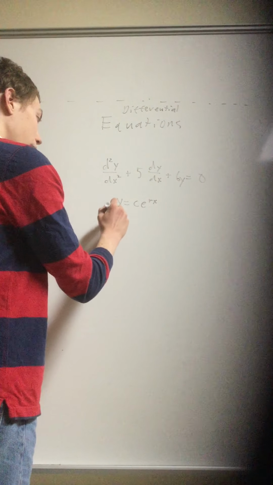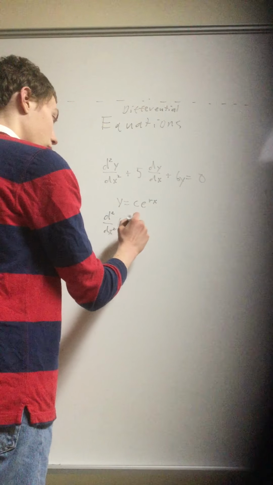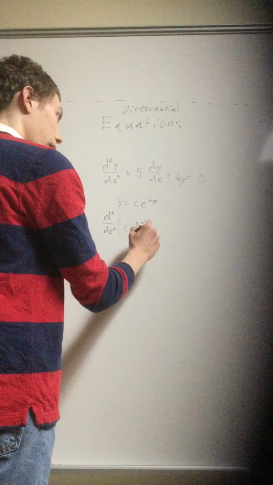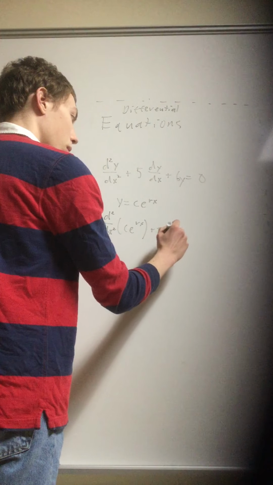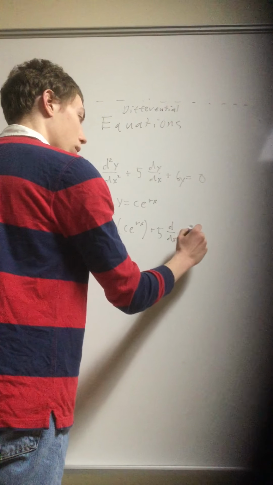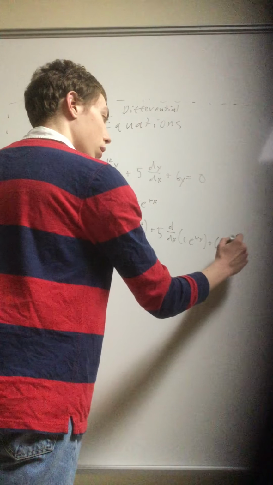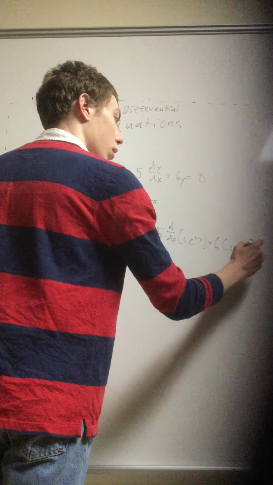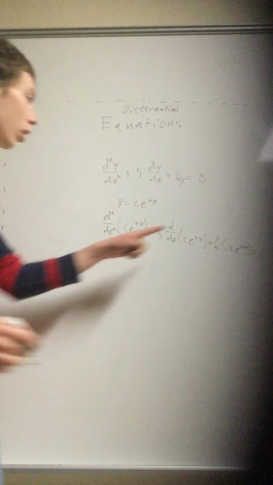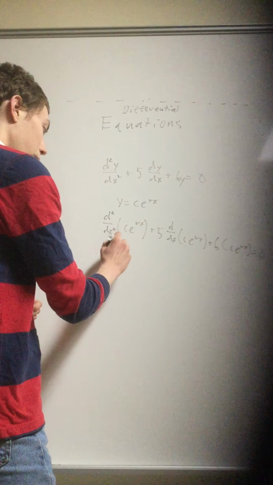So we take the second derivative, we just plug it in, so we differentiate this twice. We use the chain rule. We get r squared.